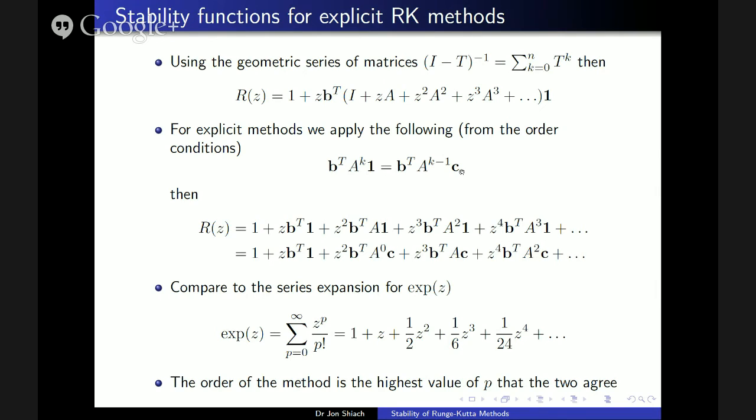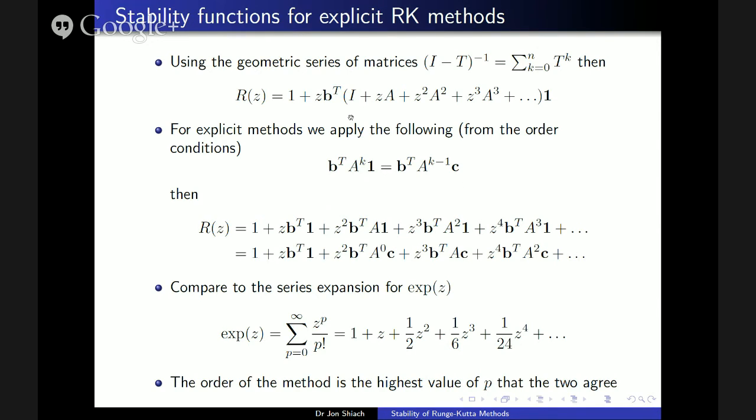But in doing so, we reduce the power of A by 1. So I think in the notes, top of page 60, it comes from an order condition, but all it means is where you had B transpose A to the power K times the vector of ones, you replace that with B transpose A to the K minus 1 times the vector of C's.